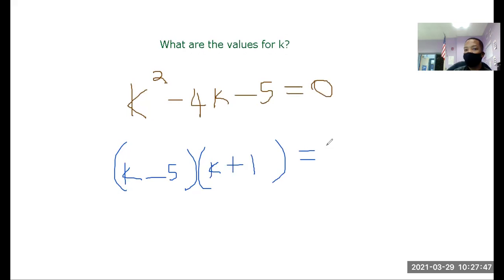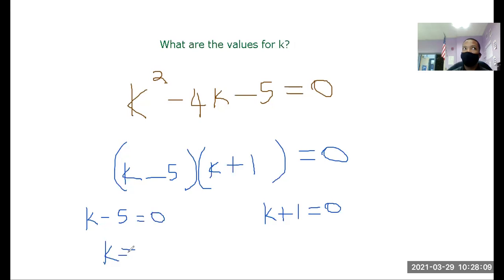But this is equal to 0. So now we need to figure out what the values for k are. So then all we do is k minus 5 equals 0, and k plus 1 equals 0. K is equal to 5, and k is equal to negative 1.